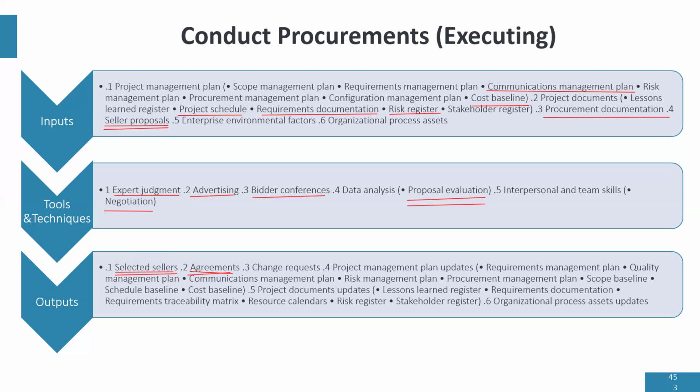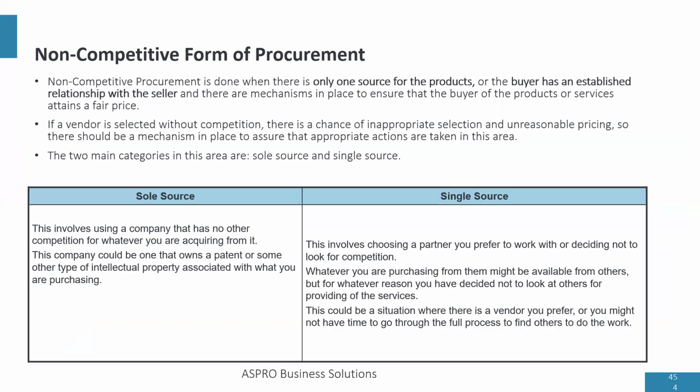And that is what conduct procurement is. It's a process of engaging vendors, negotiating, and then coming up with standard terms and conditions. So let me just explain this and we'll call it a day. I actually mentioned it earlier, so I can easily explain it.